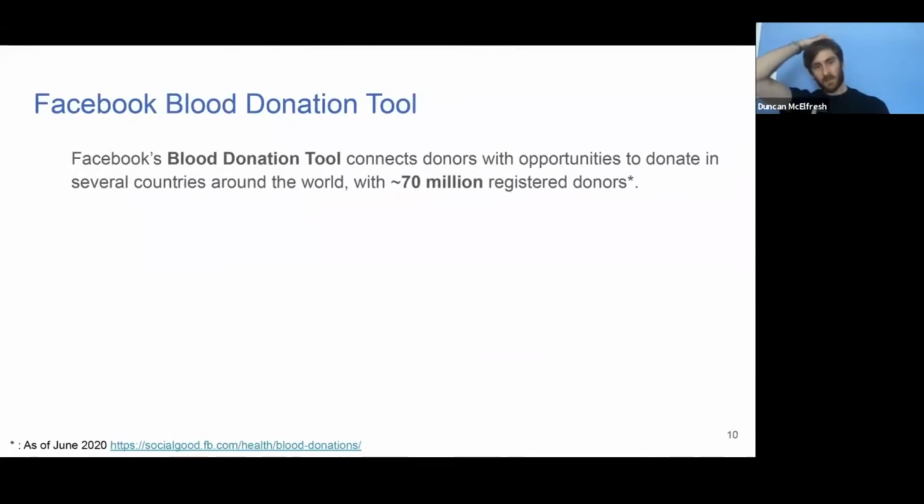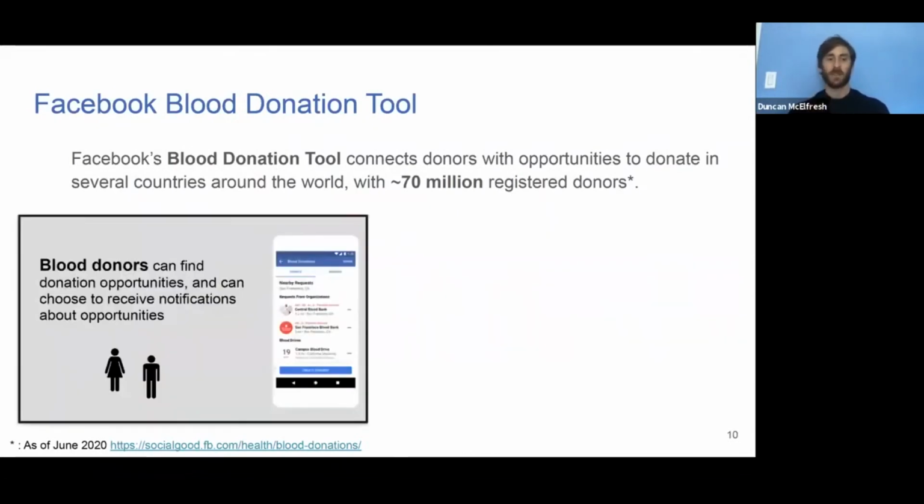The blood donation tool has been around for a few years. I think it launched last summer in the US. And as of this month, June 2020, it reports to have about 70 million registered donors. There are 2 ways you can use the blood donation tool.